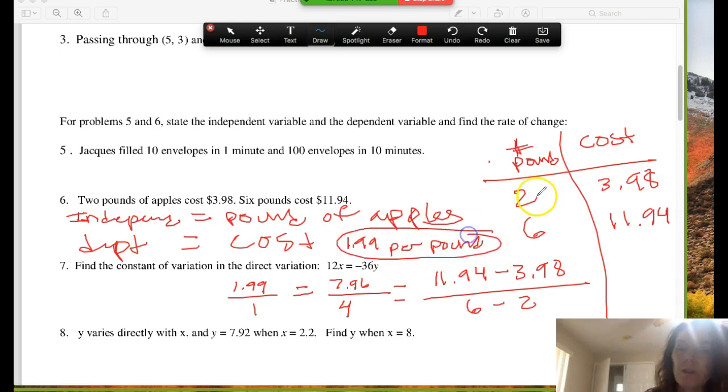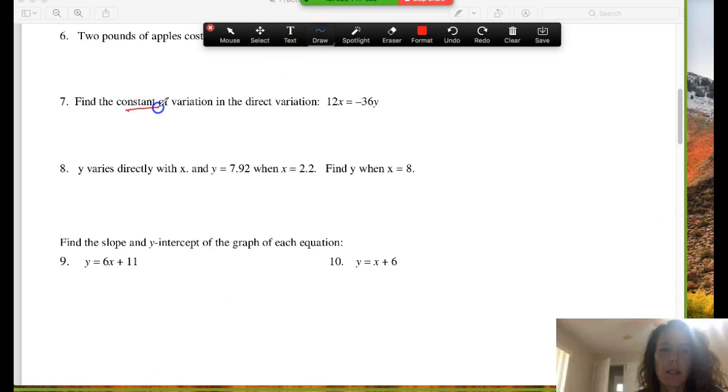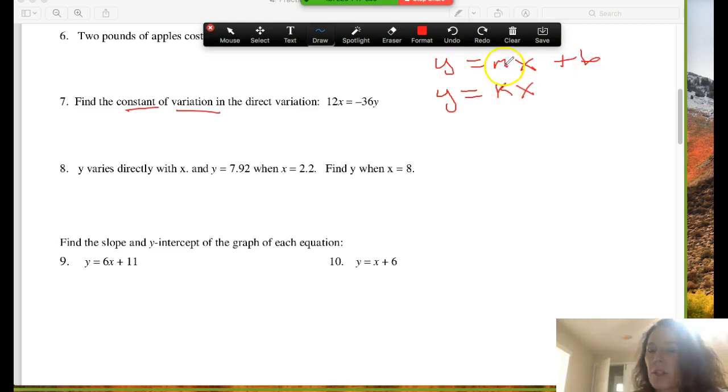All right. So just go ahead and find the slope, really. Just do Y minus Y over X minus X, and then go ahead and convert that to a unit rate. Okay, if I want to find the constant of variation in a direct variation, remember with direct variation, Y varies directly with X. Basically, Y is something times X. It really is the same thing as slope-intercept form, where that constant would be your slope, and then your y-intercept would be 0.